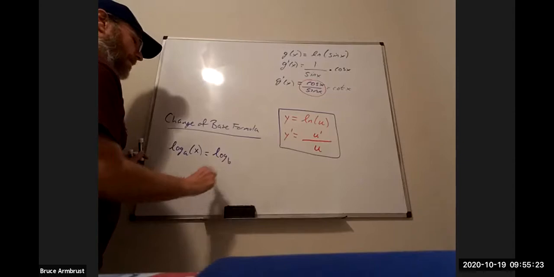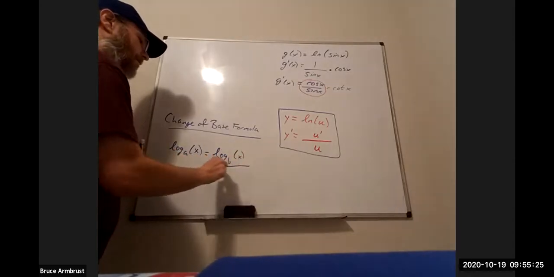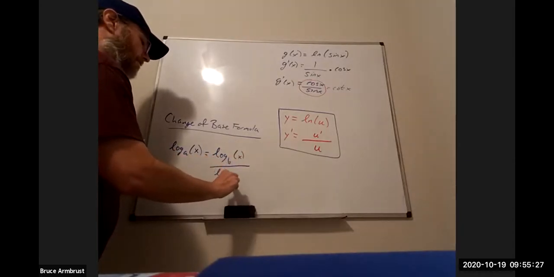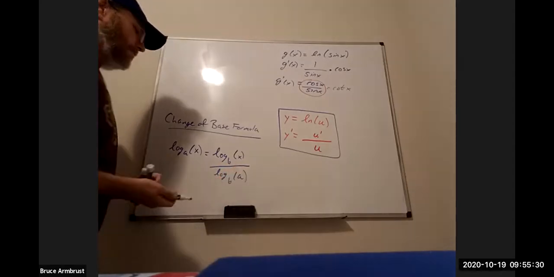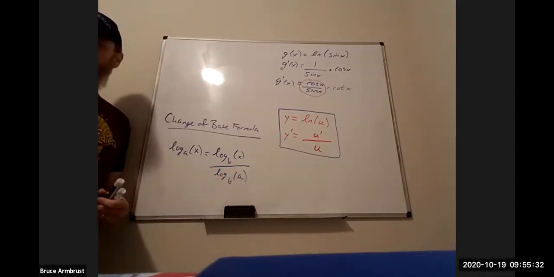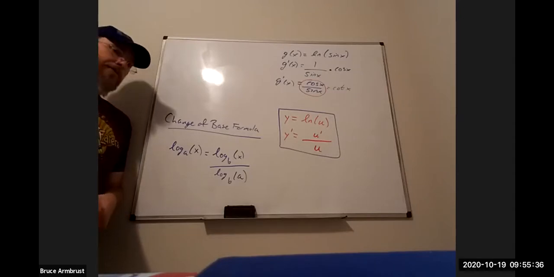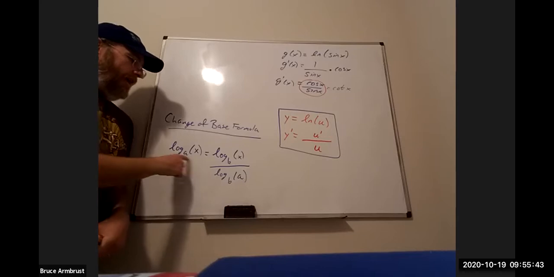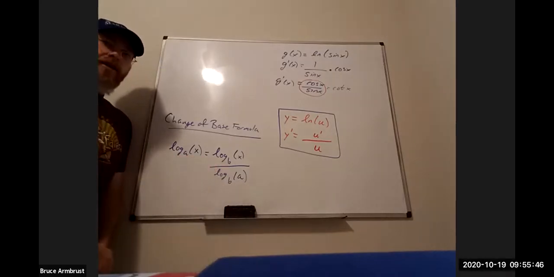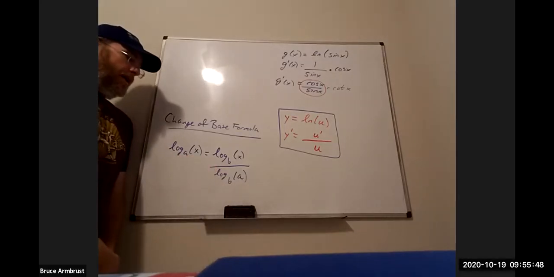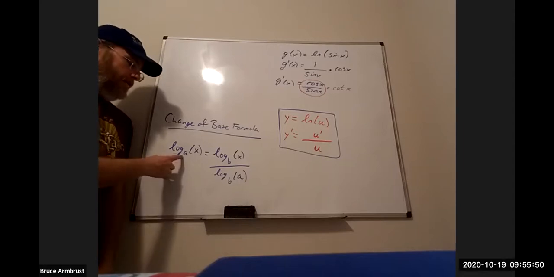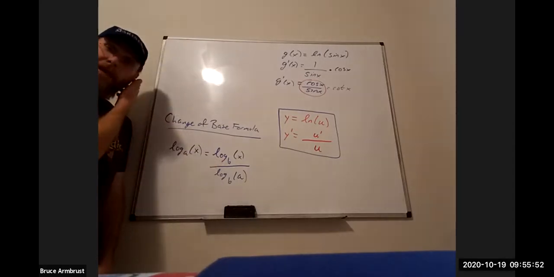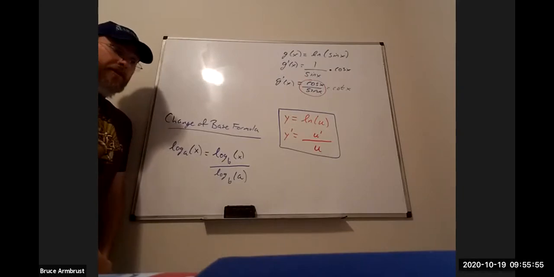So we can call it log base b using this formula right here. This is yet another one of the many rules of logs that we teach you along the way. It's called the change of base formula. So a and b are whatever bases you want, but you can always rewrite any base log in terms of any other base just by using this formula.